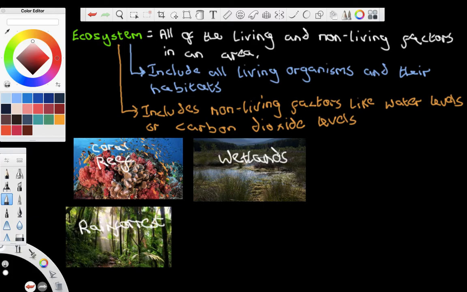Now, all of the organisms in an ecosystem rely on each other to survive. If one organism dies, that will have an effect on the other organisms. Therefore, we say that they coexist. They exist in the same place at the same time.